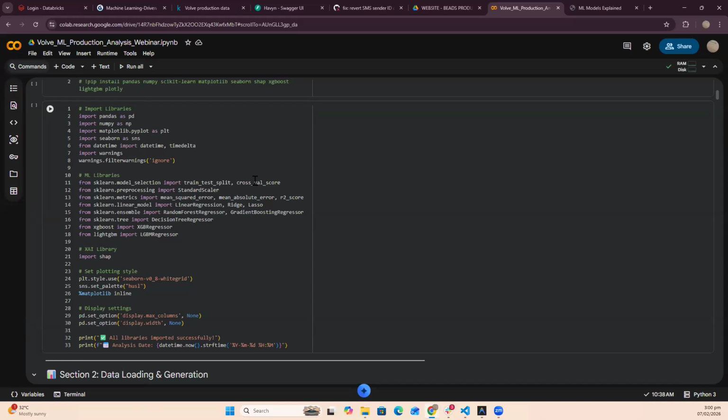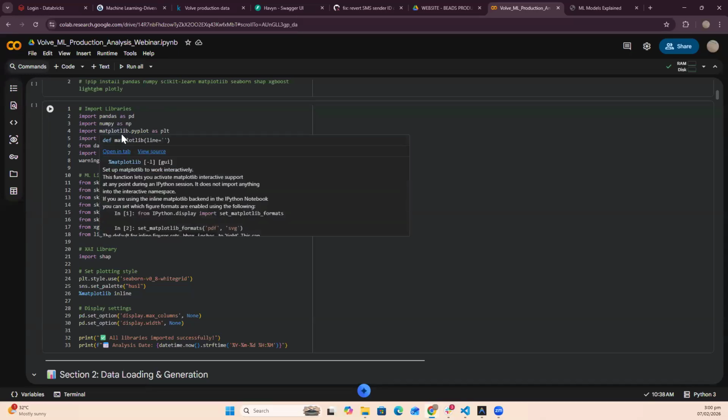Most of the libraries we are going to use are pandas, which will help us read and clean our data, and NumPy, which will handle all the mathematics. And we have matplotlib, which we will use to plot our graphs. Seaborn is the same thing, an advance on matplotlib.